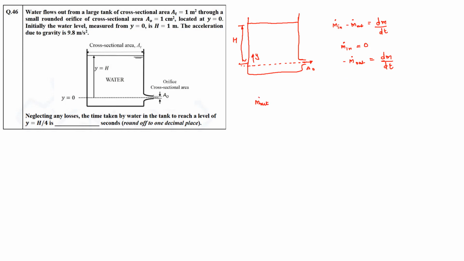So this mass going out will just be rho times the volume. Instead of volume, why not we just write rho times area times the velocity at this small orifice, and this area will be A naught. Now the velocity out of this orifice, again you can derive this from Bernoulli's.